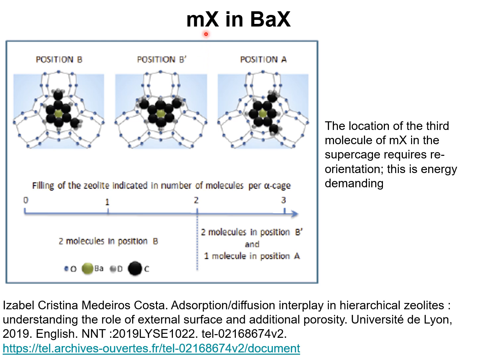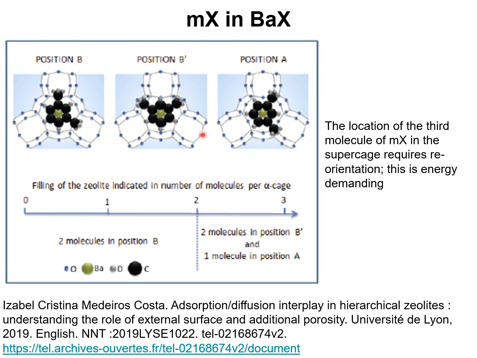Let's consider first the adsorption of meta-xylene in barium X. Within a single alpha cage, the location of the first two molecules of meta-xylene is relatively easy.